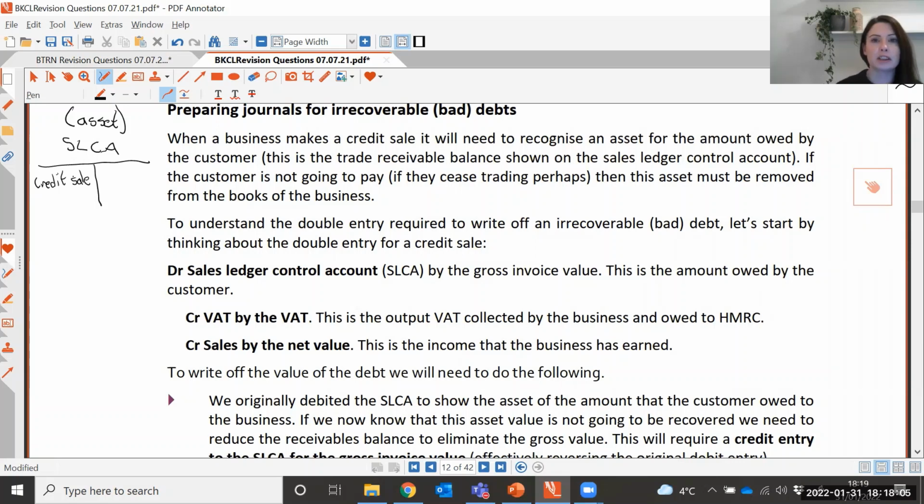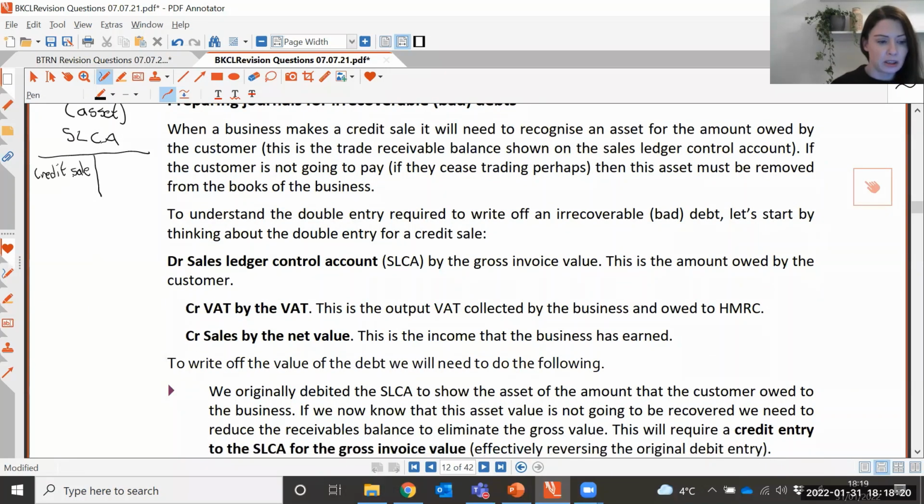If that credit customer isn't going to pay us, maybe it's because the business has gone bankrupt, they ceased trading, we will then need to write that amount off. Otherwise, it's going to show as outstanding in our records. So to write it off, what we would need to do is credit the sales ledger control account with an irrecoverable debt.